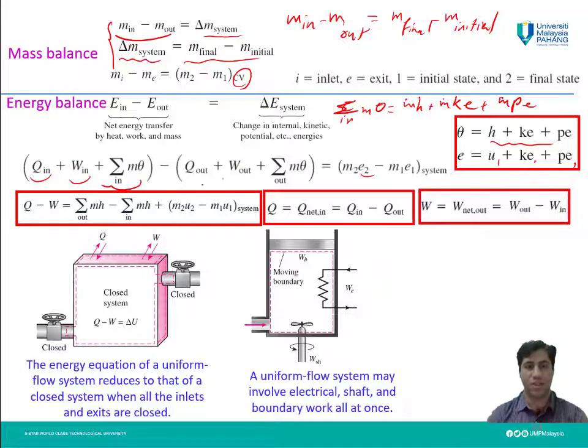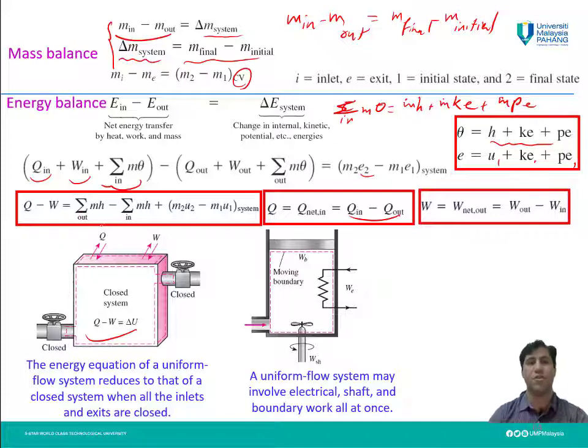We can write this equation like this: Q minus W, where Q is Q net in of the system, which is equal to Q in minus Q out. We had this equation: Q minus W equal to delta U. If you remember, we had this equation for a closed system. For a control volume, it is changed to this because we have this term, the mass of the flow times its enthalpy, mh.